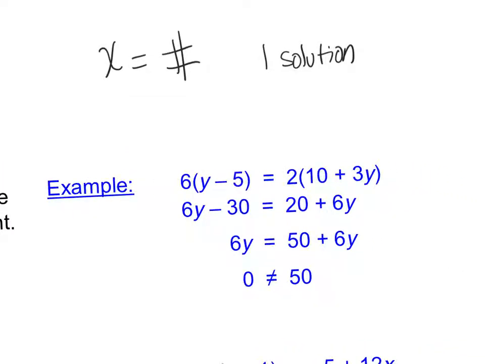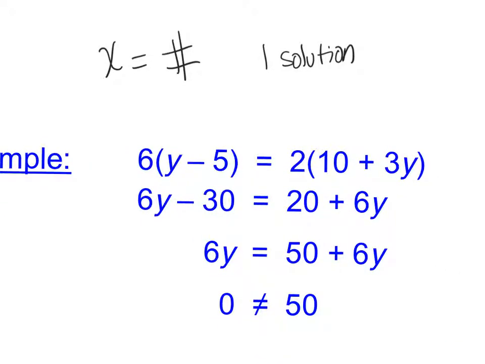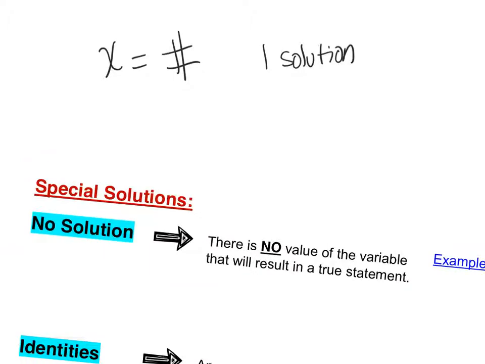For example, if I had my original equation up here, and I distributed, and I got 6y minus 30 equals 20 plus 6y, and then I decided to bring the 30 over and got 50, and I got 6y is equal to 50 plus 6y, hopefully at this level you'd be like, wait, how could 6y and 6y be equal to each other if to one of them you added 50? Or you could continue solving and you would minus 6y and you would have gotten 0 equals 50, which is a false statement. If that happens, it means there's no solution.